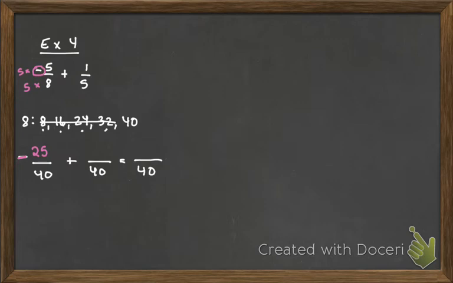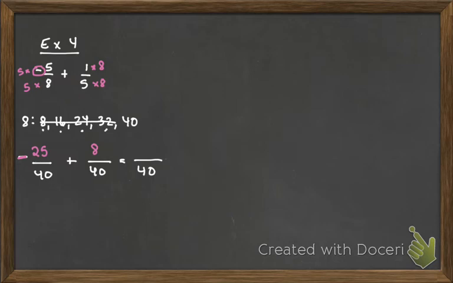Going over to the other fraction, I have to multiply 5 by 8 to get to 40. So I'm also going to multiply 1 by 8. And I've got 8 over 40 as my equivalent fraction. Now what Mrs. DeYoung would tell you is, your signs are different. The 8 is positive and the 25 is negative.